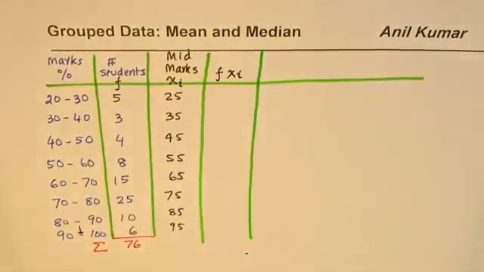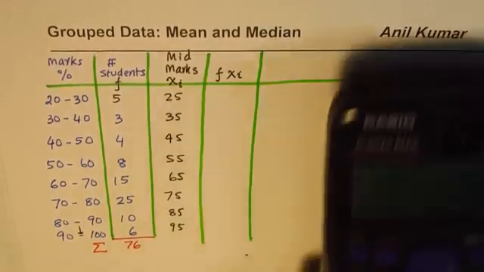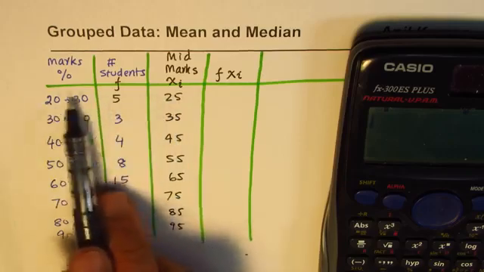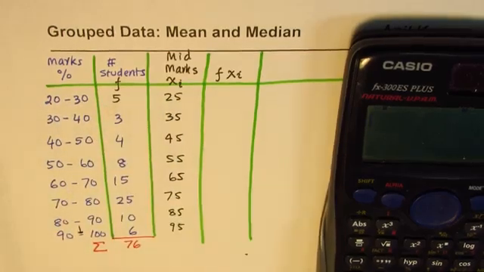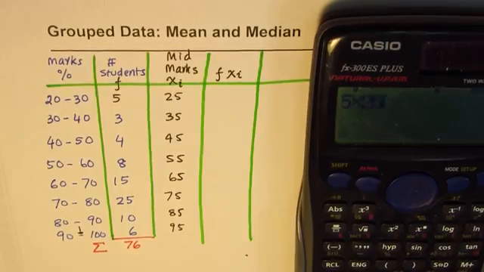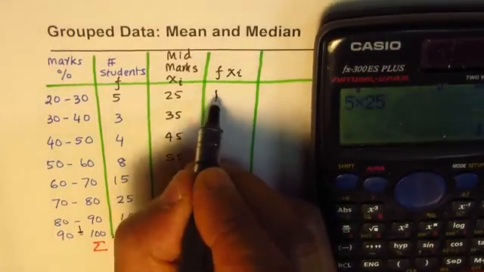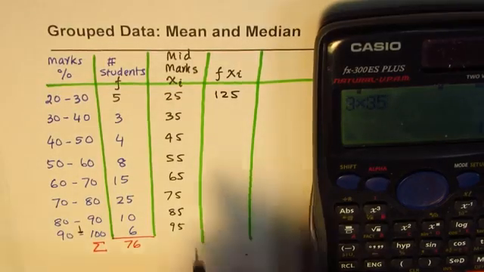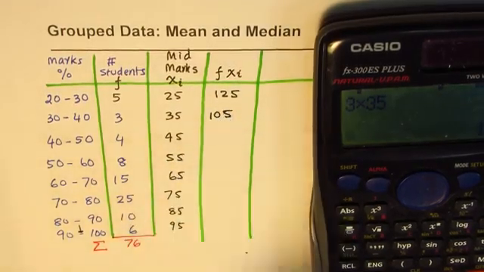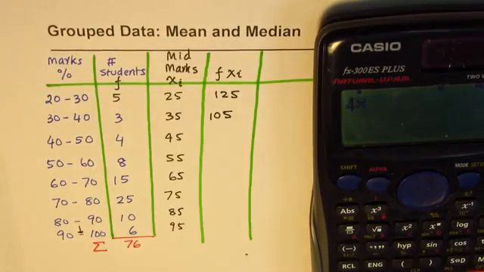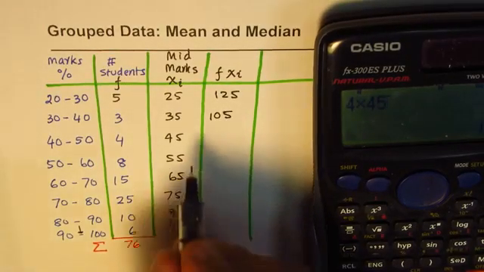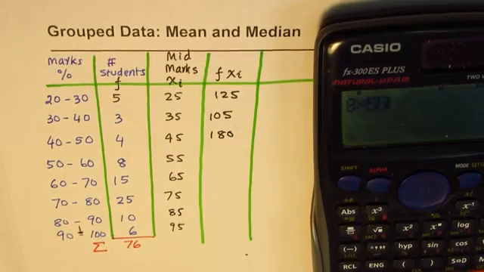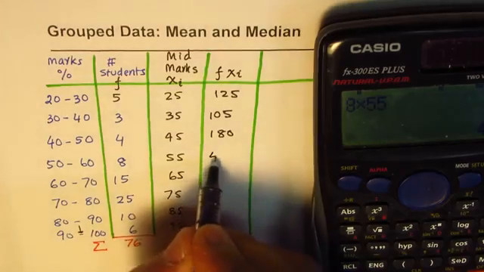So it will be 5 times 25, which is 125. 3 times 35 equals 105. 4 times 45 equals 180. 8 times 55, 440.